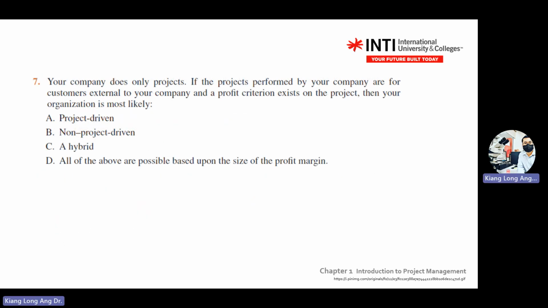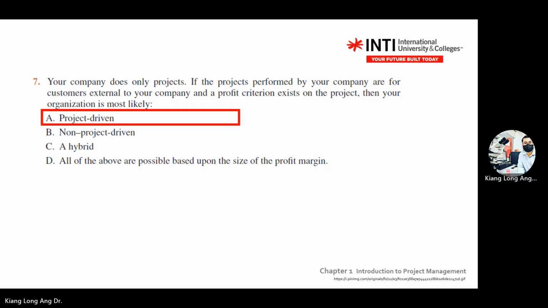Your company does only projects. If the projects performed by your company are for customers external to your company and a profit criteria exists on the projects, then your organization is most likely project driven, non-project driven, hybrid, or above, possible based on size of project margin. This one is A, because the first line already tells you there are only projects.